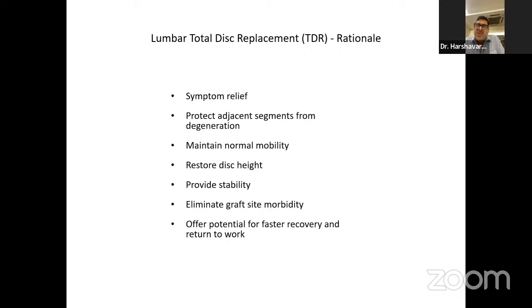Or you could just remove the disc like you do in a knee replacement or a hip replacement, take out the disc completely and replace it with an artificial disc. This became a rage some 10, 12 years ago, then slowly went into disrepute. But I think in very selected cases, it works wonders. Next slide, please.